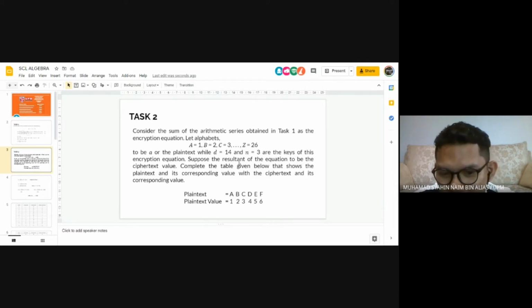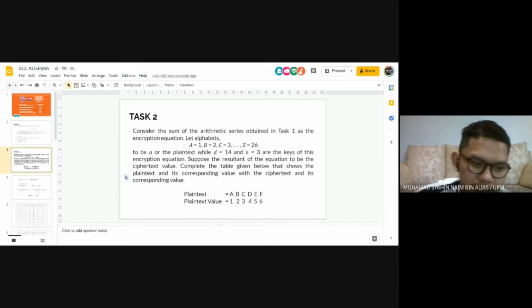Suppose the resultant of the equation to be the ciphertext value. Complete the table given below that shows the plain text and its corresponding value with the ciphertext and its corresponding value. So I will show the plain text first. The plain text is A, B, C, D, E, F, and the plain text values are 1, 2, 3, 4, 5, 6, and so on.